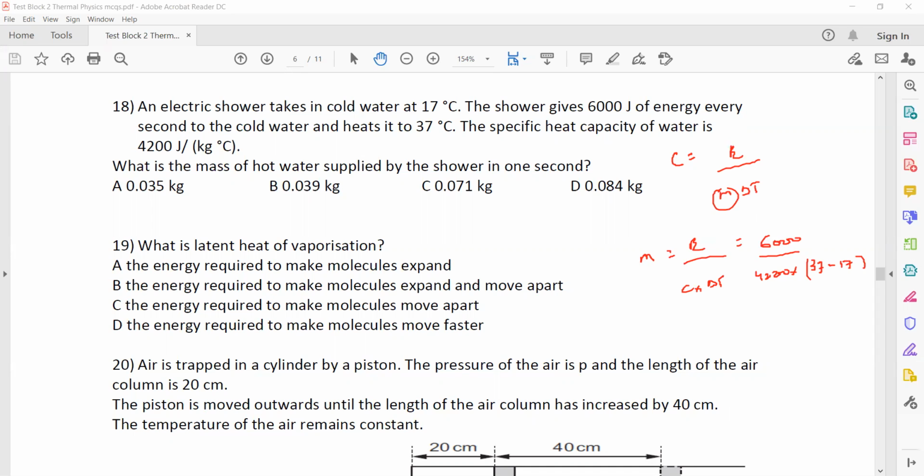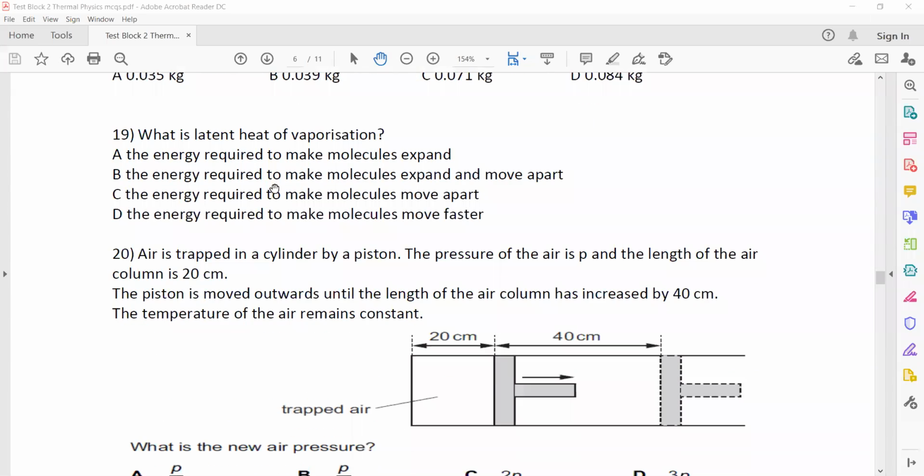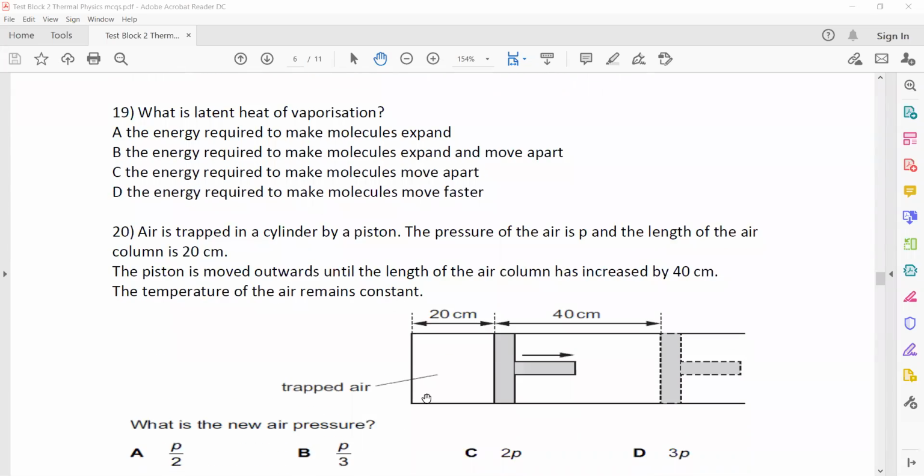After substituting these values, the mass appears to be 0.071 kilogram.